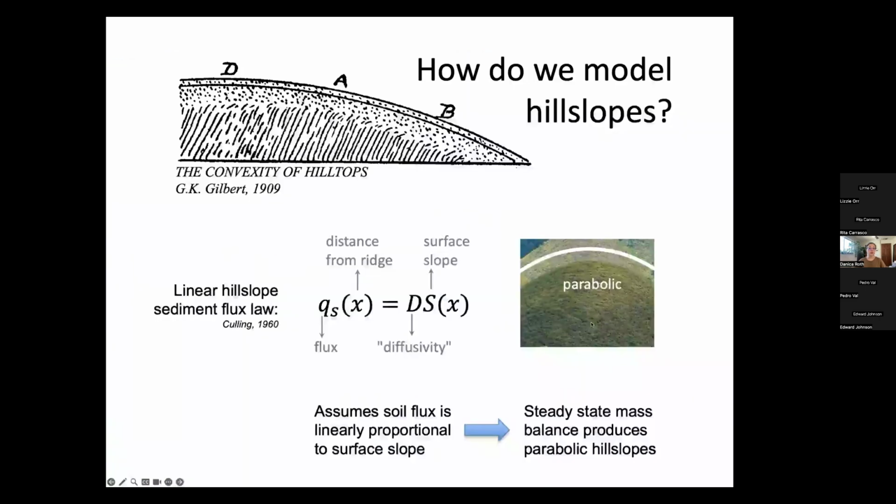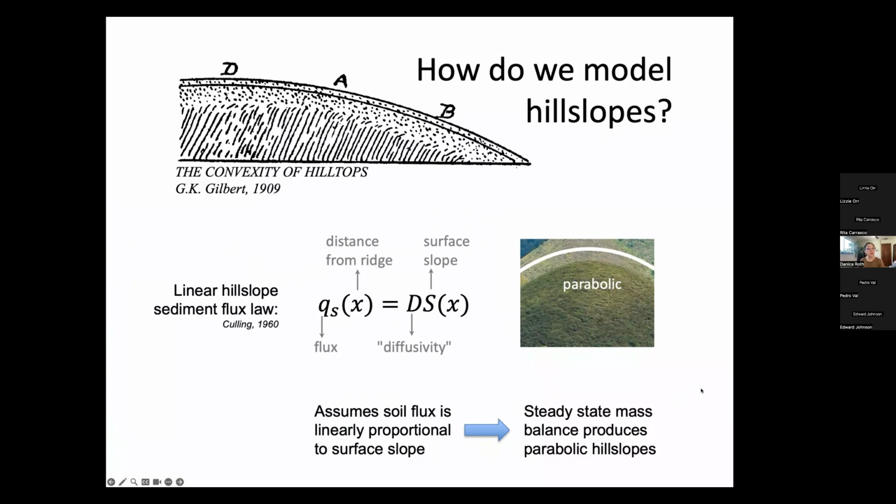So how do we model hill slopes? The earliest model that's still used by a lot of folks today is very simple, based on the observation that hill slopes tend to be convex, where we essentially relate the sediment flux on a hill slope to a linear function of surface slope. We call this term D, or diffusivity. So it's just an empirical scaling relation.